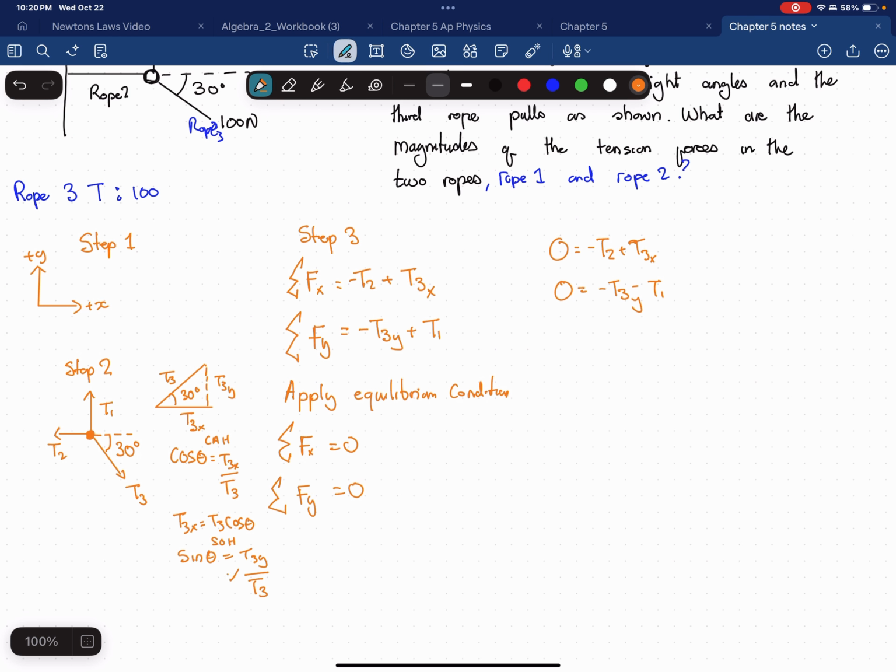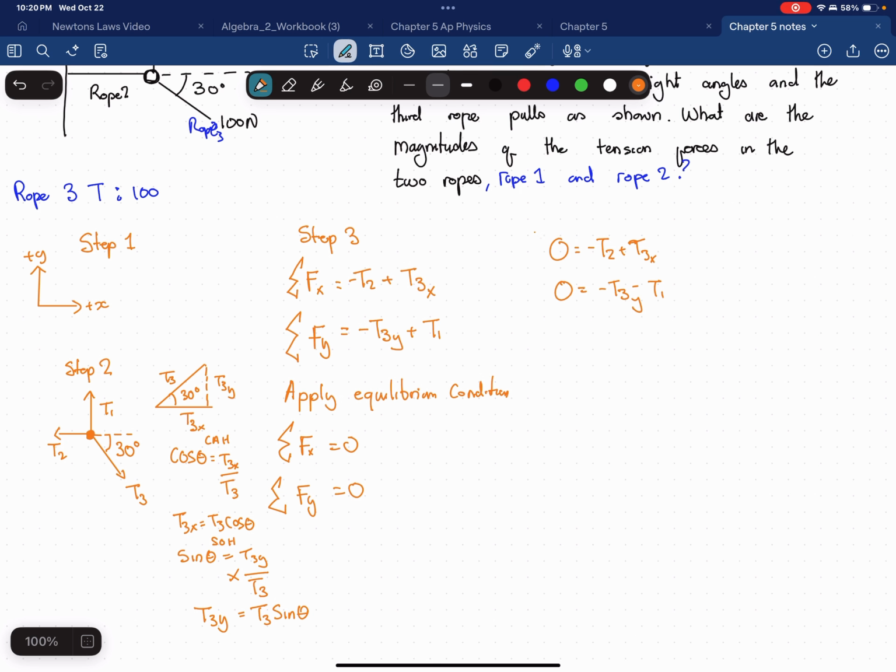If we cross multiply, T3y is equal to T3 times sine theta. All right, so we know T3x and T3y.